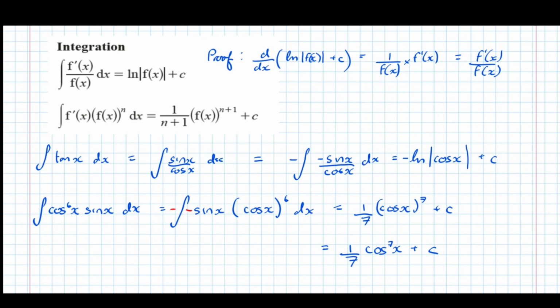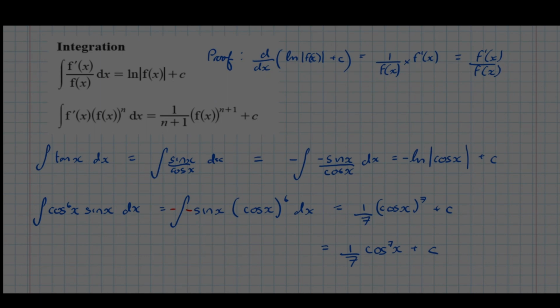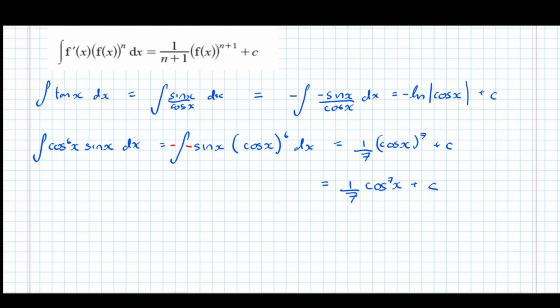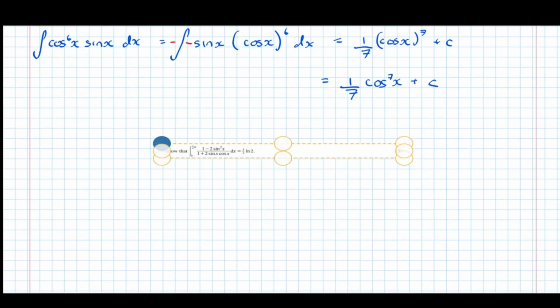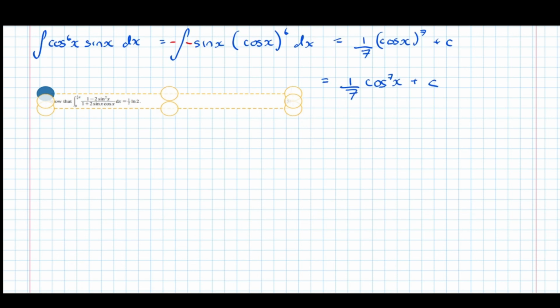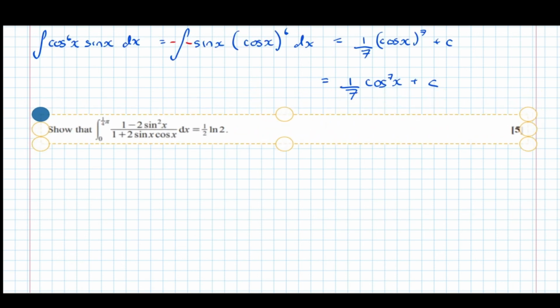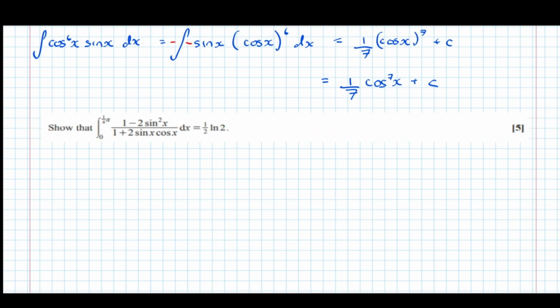So let's have a look at a few more. Let's do a couple before the end, just a couple of more difficult trig questions. Let's have a look at this one here. It's saying, show that that's the case.